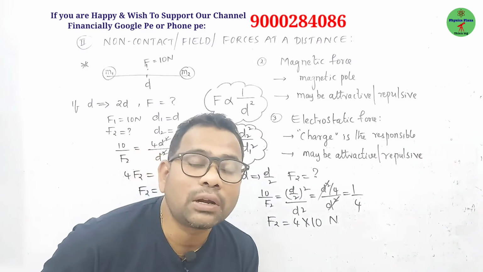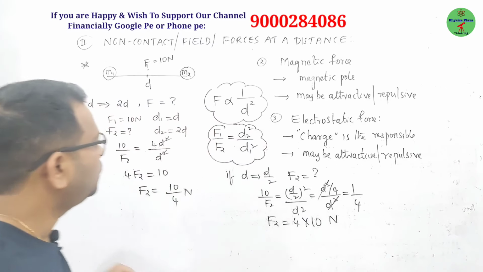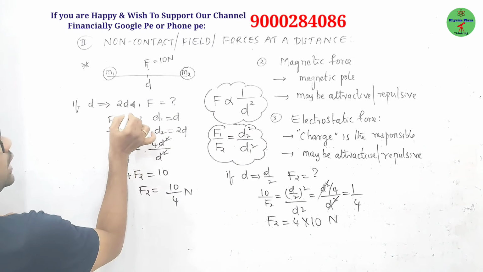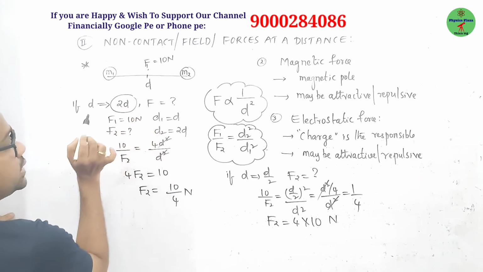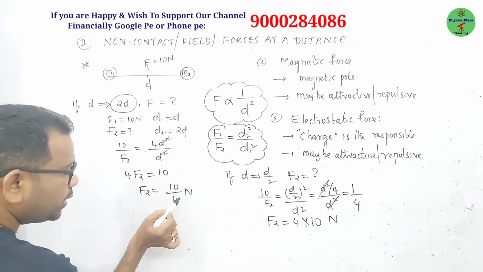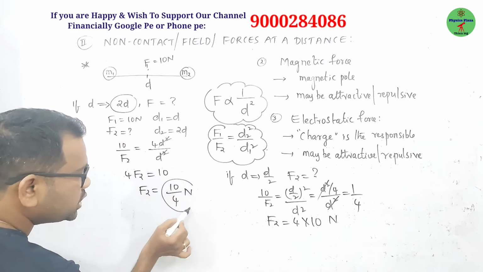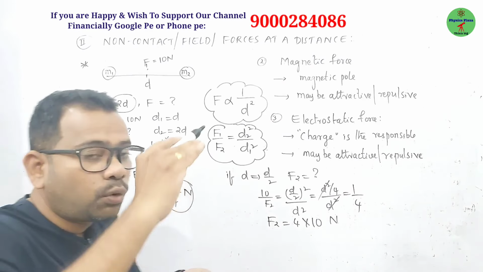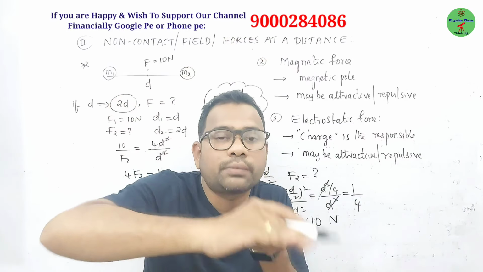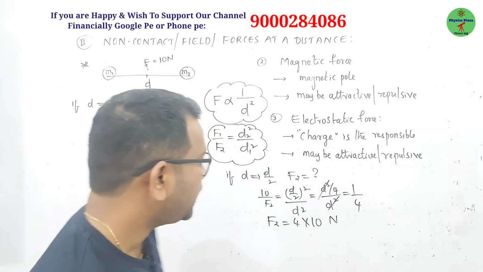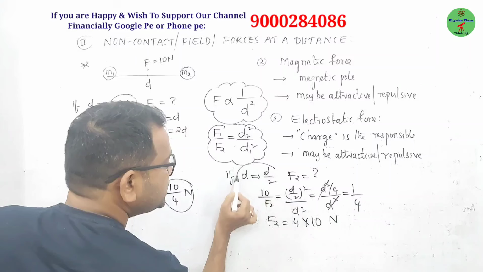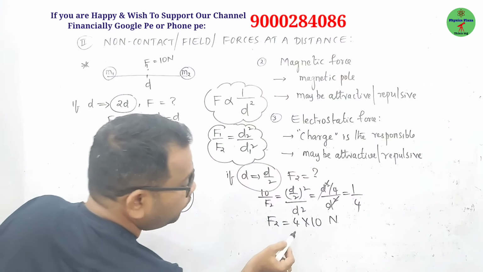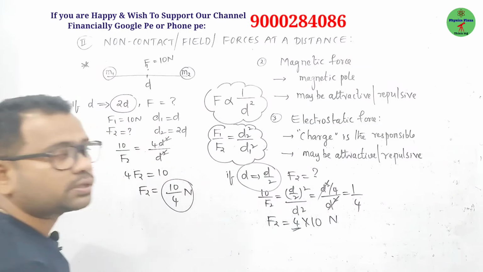But let me tell you one conclusion here. Whenever, dear children, the distance is doubled, the force will become 1/4 of its initial value, which means the force decreases by 4 times. Whereas when the distance is halved, the force is increased by 4 times.